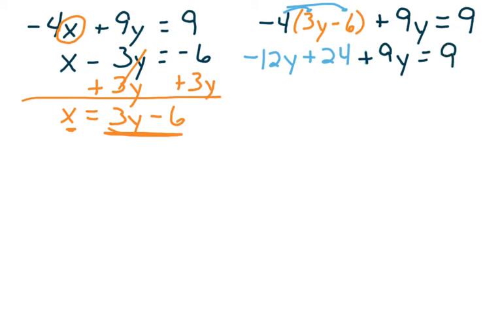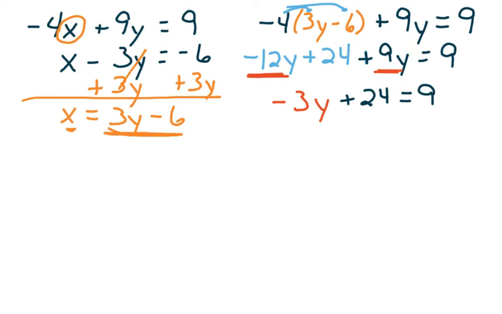Now we combine like terms, because once again, these are not on opposite sides of the equal sign, but I'm just simplifying this expression. Negative 12y plus 9y is going to be negative 3y plus 24 equals 9.